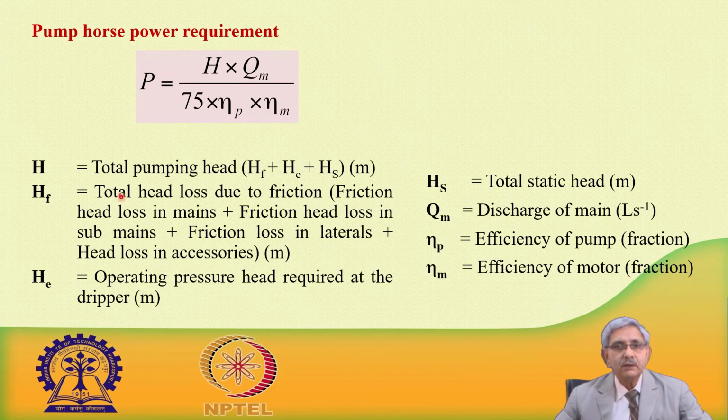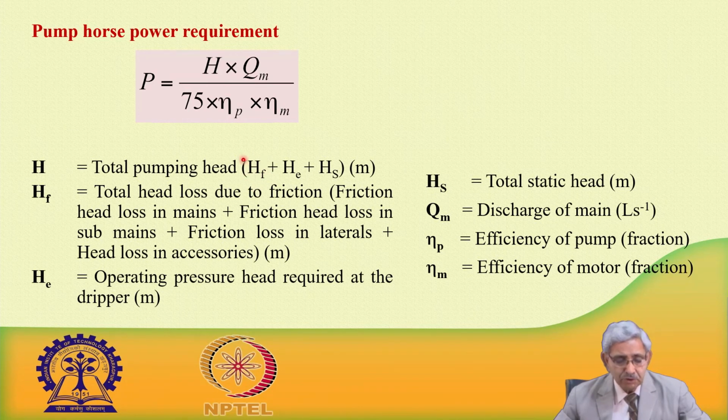The discharge coming out of the pump is expressed in liters per second. This is the total head, and this total head is the sum of the head loss due to friction in the main pipeline, head loss due to friction in the submain pipeline, and then the losses from the accessories.